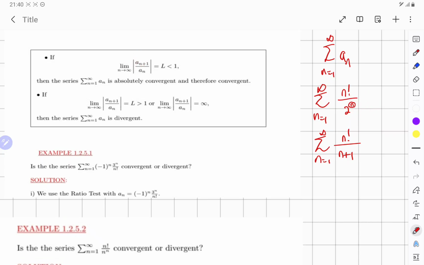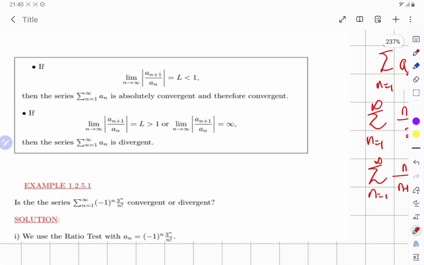Now, what does the ratio test say? We will find the limit as n approaches infinity of a n plus 1 divided by a n, but very important, we will take the absolute value of that ratio. Now, what does the test say?